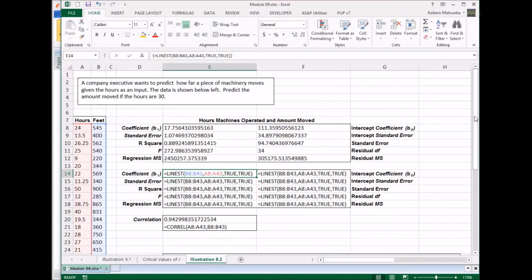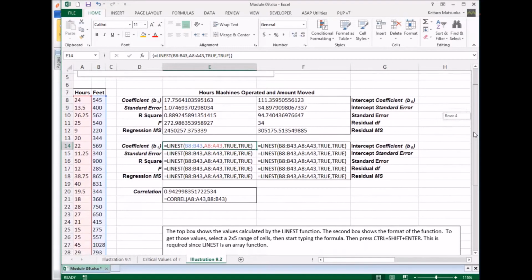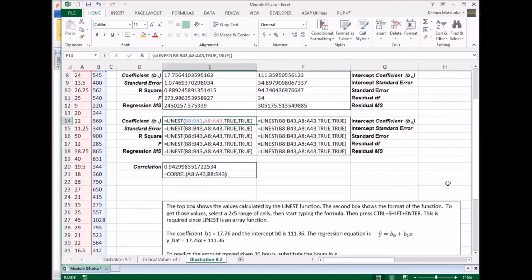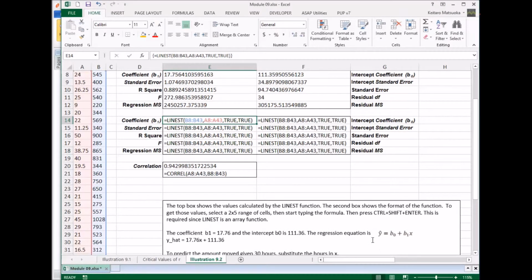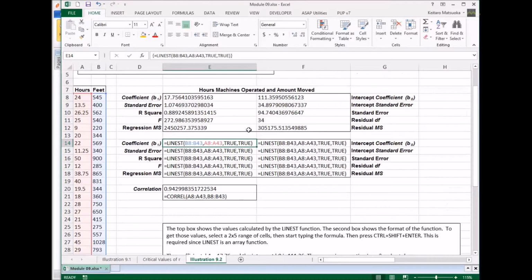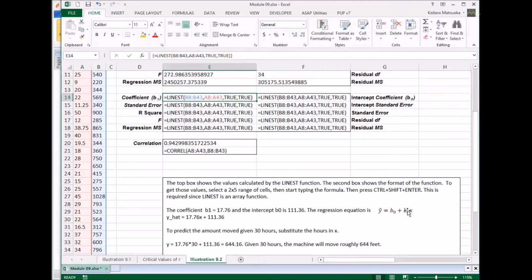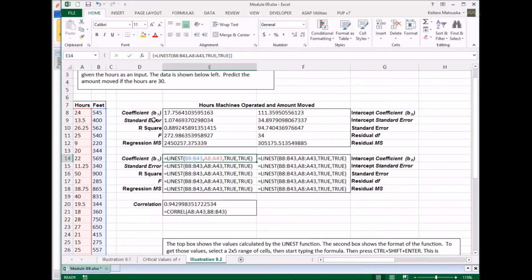So how do you know what the regression equation is? If you remember, the equation is y hat is equal to b0 plus b1 times x. This b0 corresponds to b0 up here, and the b1 corresponds to b1 up here. So you already have the b0 value and the b1 value.